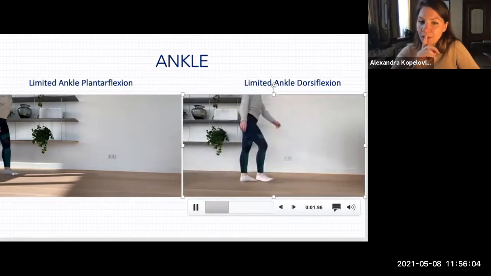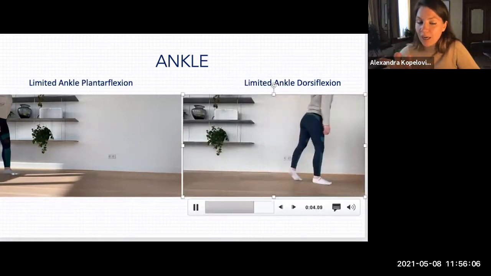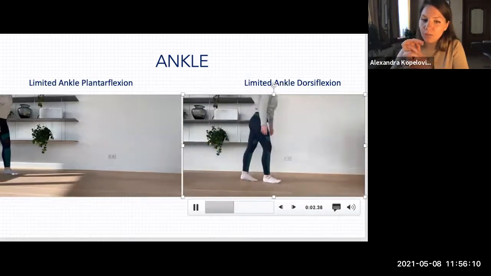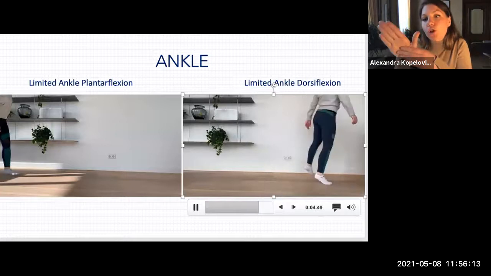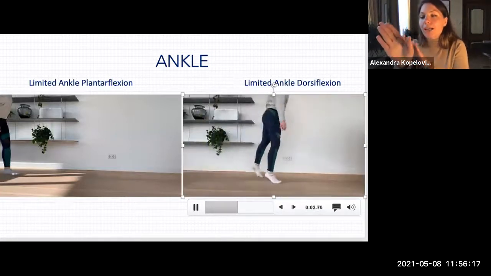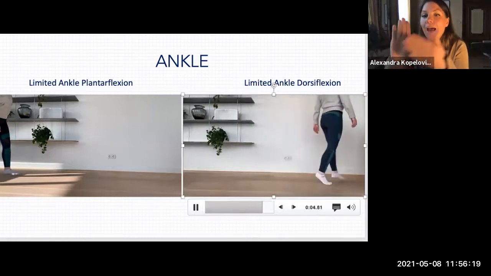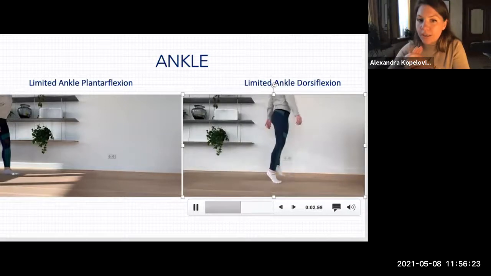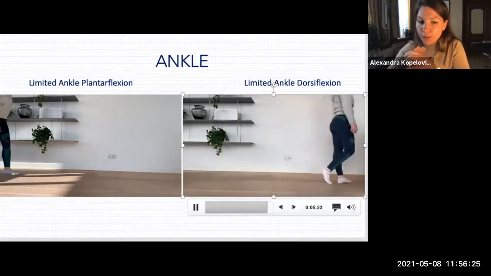Some other compensatory strategies, instead of just staying in plantar flexion, if you're limited in ankle dorsiflexion, you will also see people toe out. This gives you a little bit more range and lets you just go through the foot without having to go through the entire foot surface and completely dorsiflex the tibia and fibula over the foot.